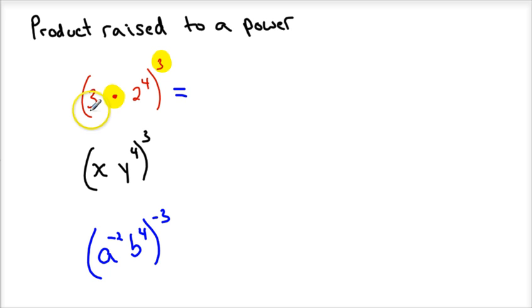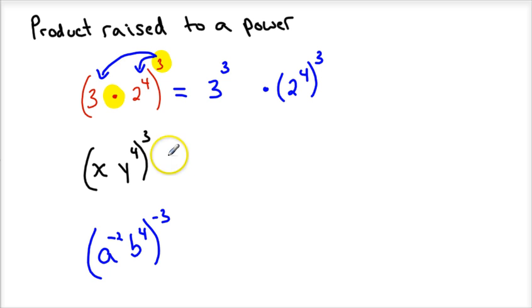Each one of these numbers inside the parentheses is raised to the 3rd power individually. So this is the same thing as saying 3 to the 3rd power times 2 to the 4th to the 3rd power. I'm giving the power to both of them. It's like I'm distributing that exponent to both numbers inside my parentheses.